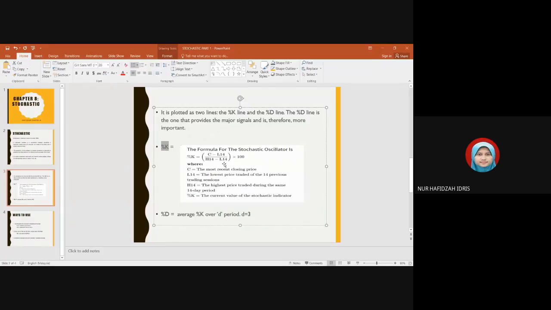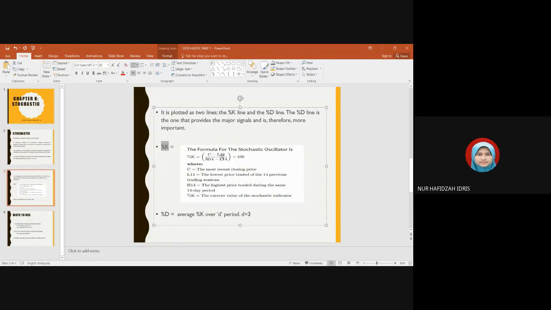Okay, these are the formula. The percentage of K or the stochastic line we get from this formula: C is the most recent closing price, L14 is the lowest price traded of the 14 previous trading session, H14 the highest price traded during the same 14-day period, and percentage K is the current value of the stochastic oscillator, altogether times with 100.